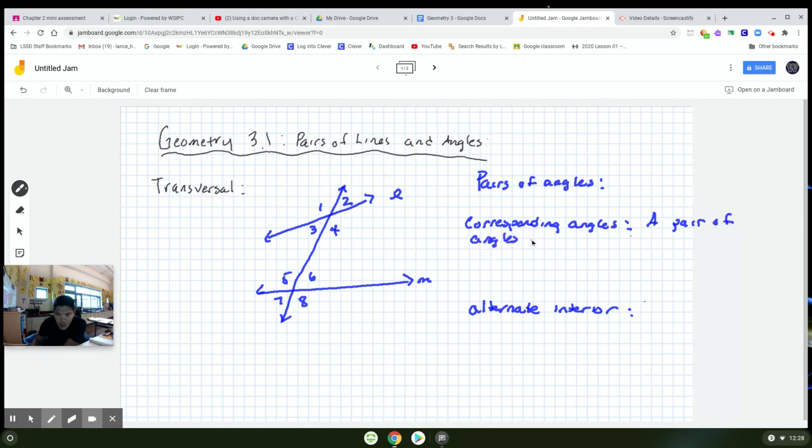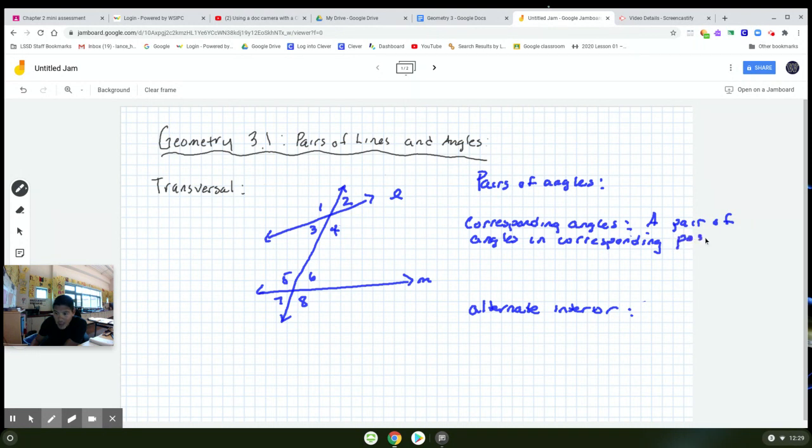So we're talking about pairs of angles. That means two. You can't just have an angle that's a corresponding angle. It has to be a corresponding angle with another angle.